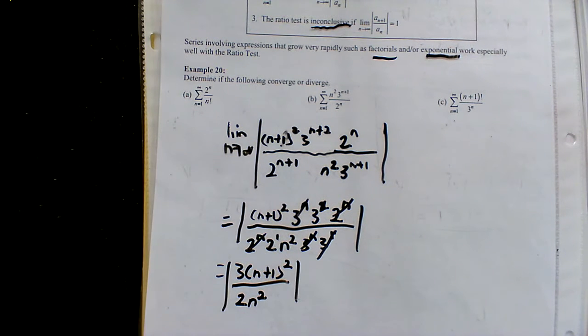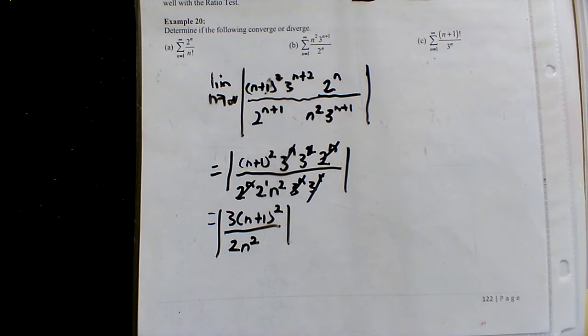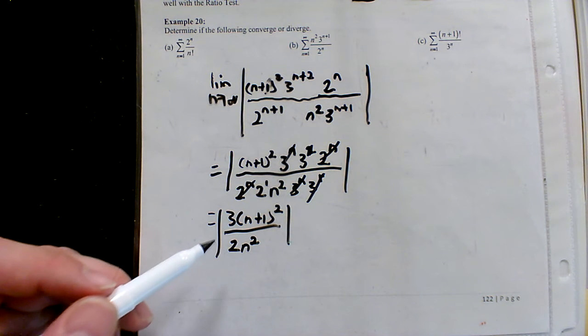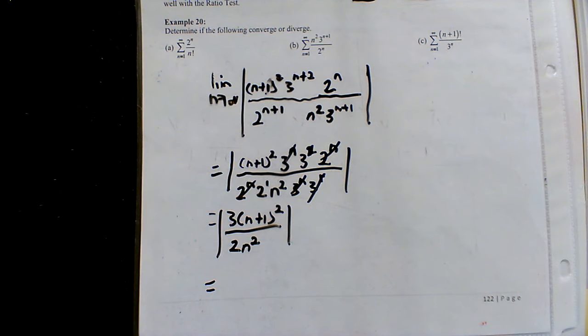Is there anything left to cancel, or did we cancel everything? Any other exponents to break apart, or do we think we're okay here? Can we take the limit here? Alright, so the limit, as n approaches infinity, of the absolute value of this, the limit would be what?